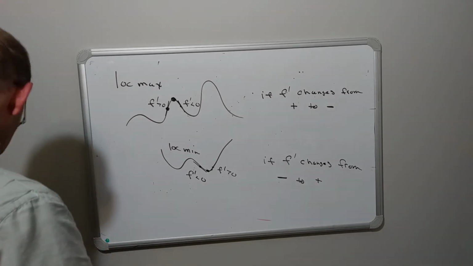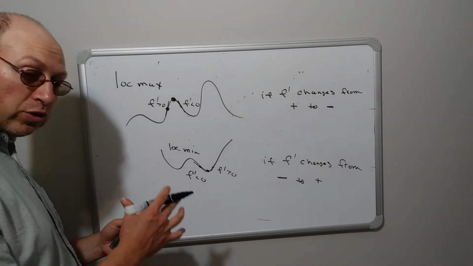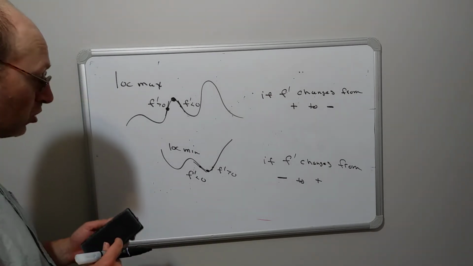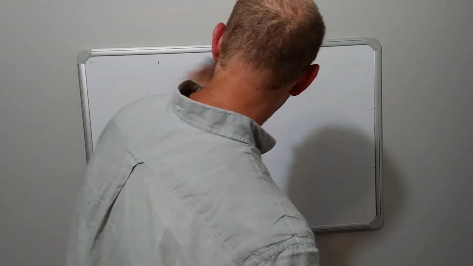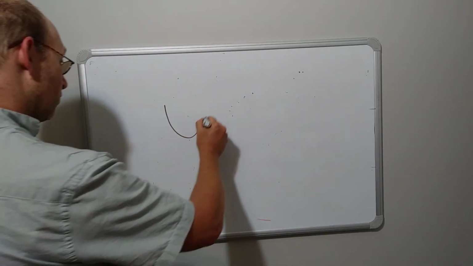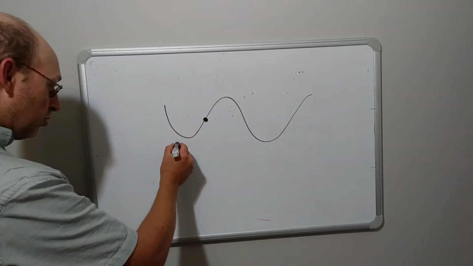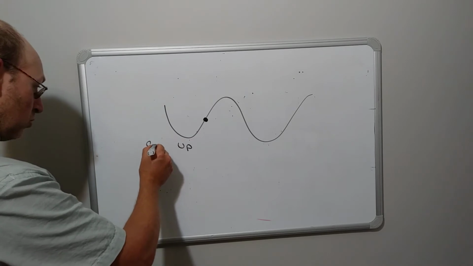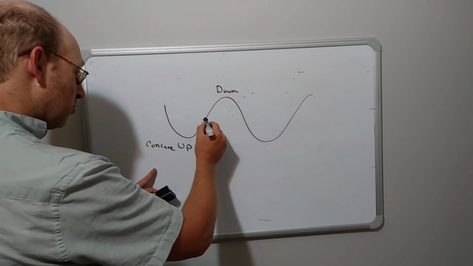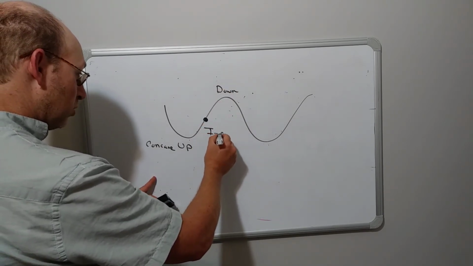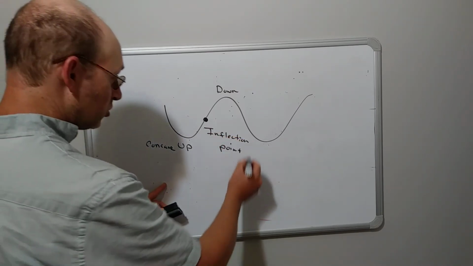And finally, a point of inflection would be where the concavity changes from up to down or down to up. So the picture for a point of inflection is something like this. So see right here, here you're concave up. Here you're concave down. This point here is called an inflection point. Same thing here.